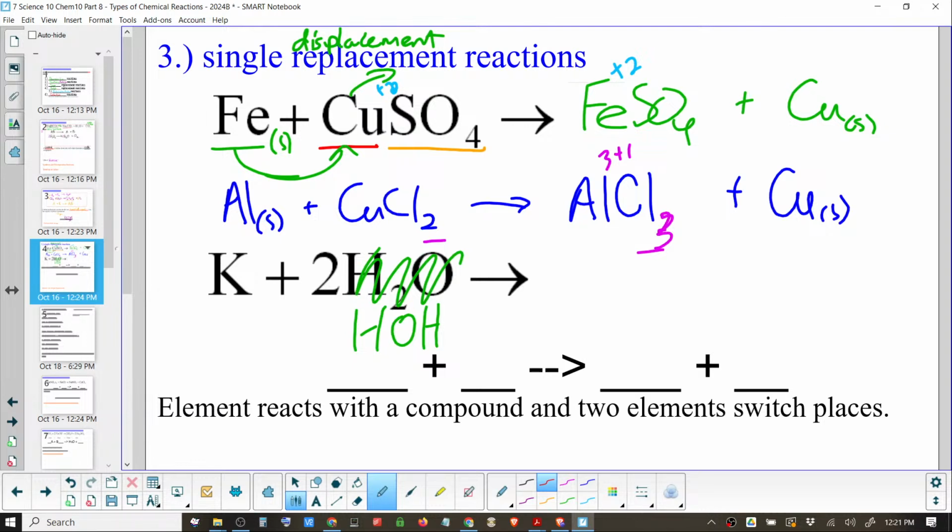Using that, what would K plus HOH make? I'm assuming it replaces H. Yep. Does it replace H? Yeah, so what would it make? I did 2H2 plus 2K2O.